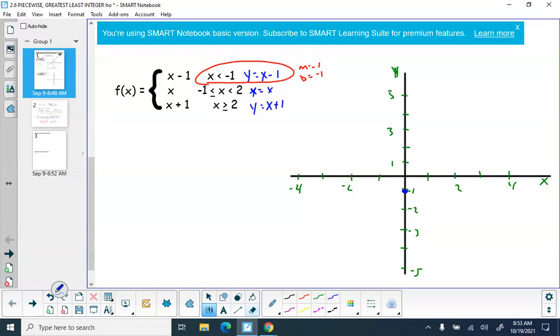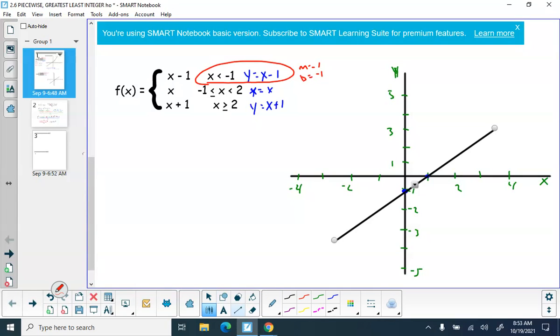And our y-intercept of negative 1, go up 1 and to the right 1. But now we have the condition of the domain that we have to worry about. These are only for the x values that are less than the value of negative 1.